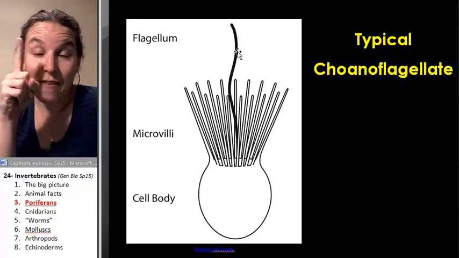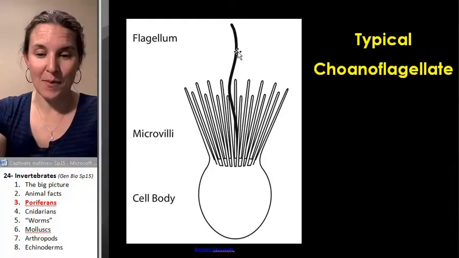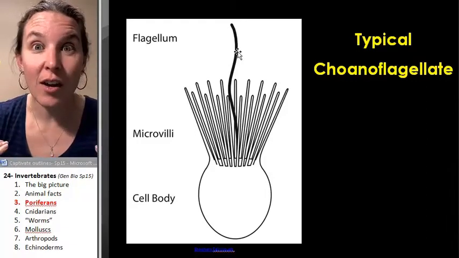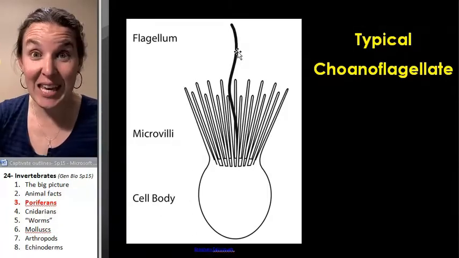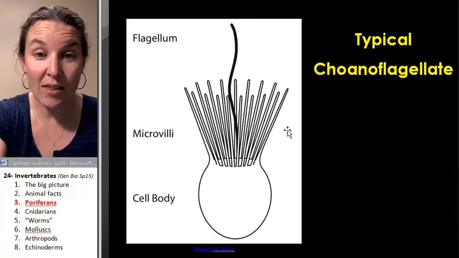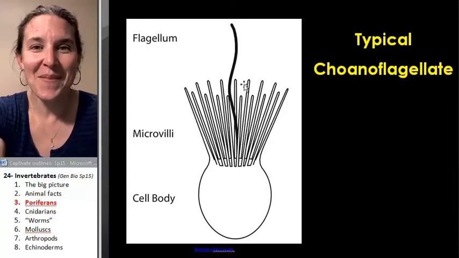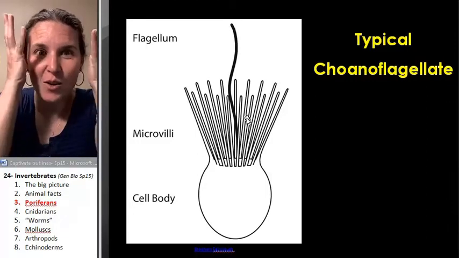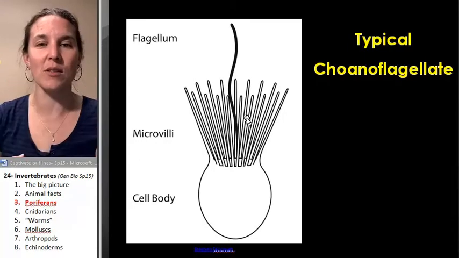Choanoflagellates use that flagellum to create currents in the water, and that draws stuff in to the cell, and they filter feed. So they trap crap from the water in those little bristles, and then they eat whatever gets trapped in the bristles.